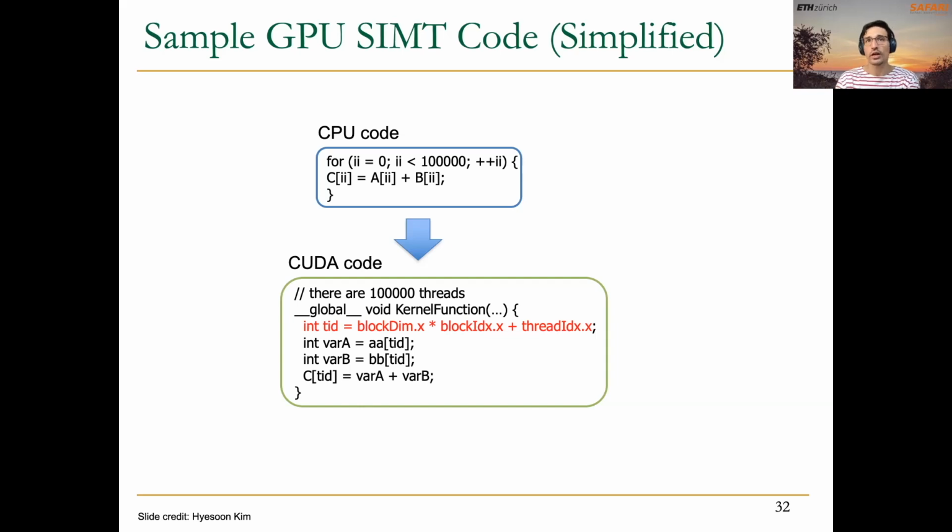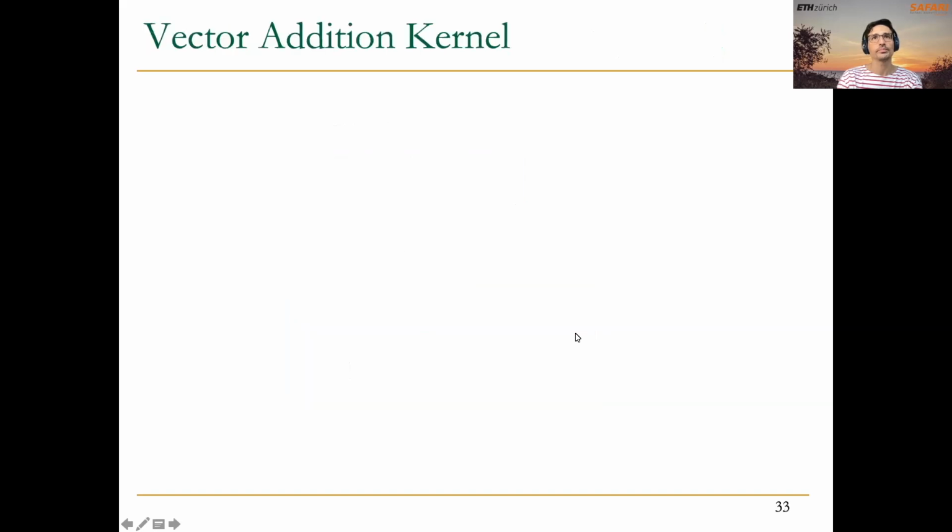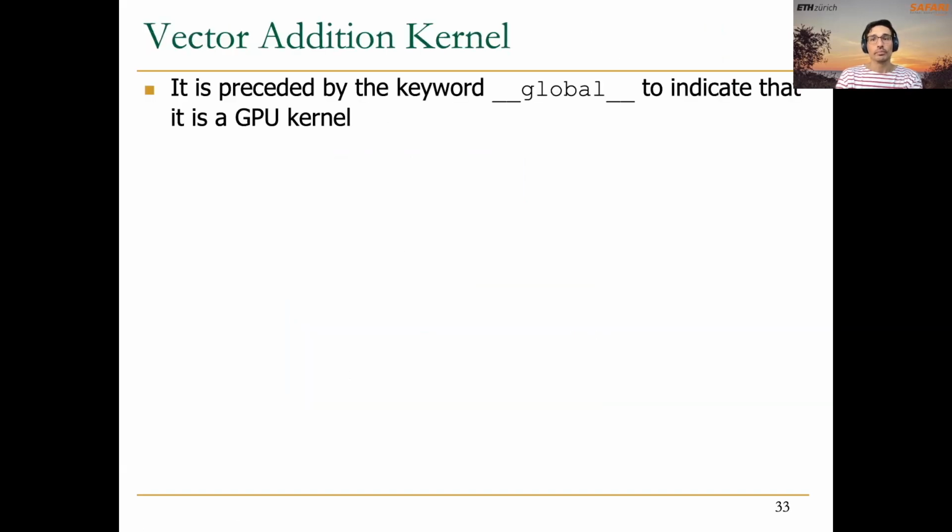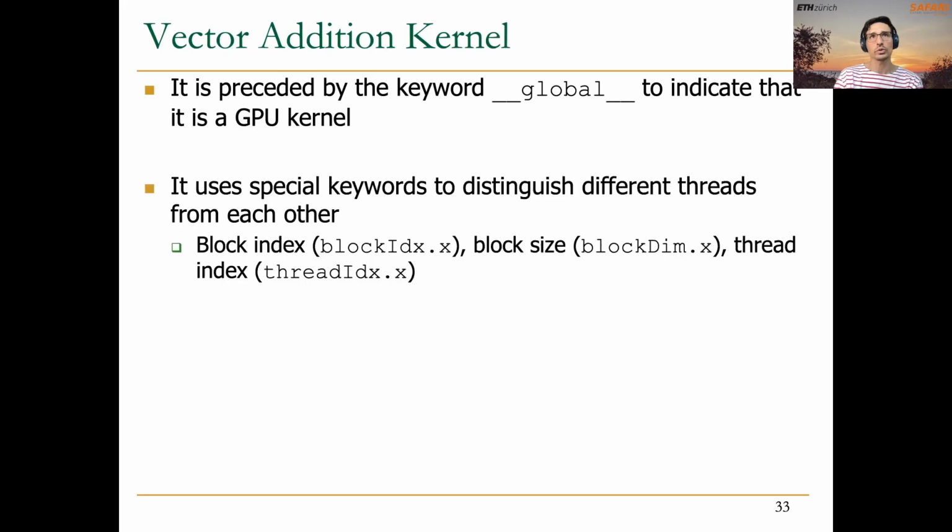And this identifier can be obtained based on the block index, because as you have seen before, thread blocks are going to be numbered, and also inside each thread block, the threads are numbered. Just to start summarizing what we have seen, the kernel is preceded by a qualifier called __global__ to indicate to the compiler that a specific function is a GPU kernel.